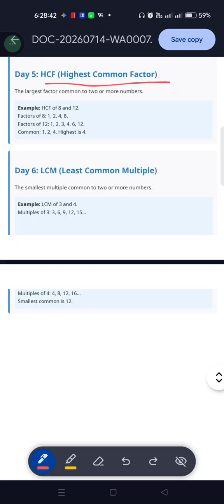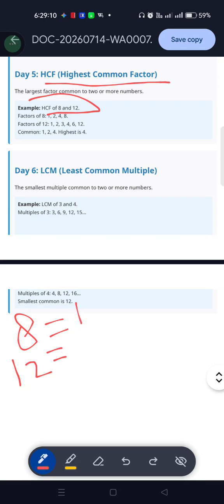Highest common factor means you will be given two numbers. For example, you are given here 8 and 12 and you need to find out the HCF of these two numbers. Okay, HCF means the highest common factor which is coming in these two numbers. So first of all you will write the factors of 8 and 12. Okay, I have already told you about factors. So what are the factors of 8?